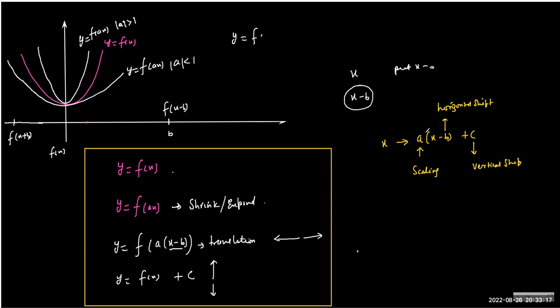Oh no, not c. C is not there because c comes with the function actually. I'll remove this part. And if I write f of a of x minus b, and if I write now c here, then this entire graph is now shifted by c. This is called the vertical shift.